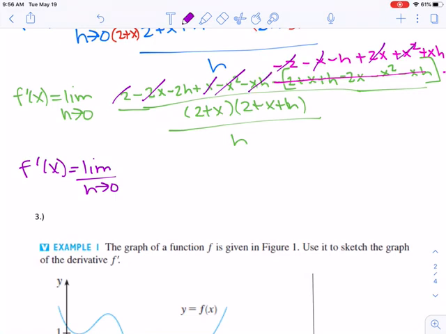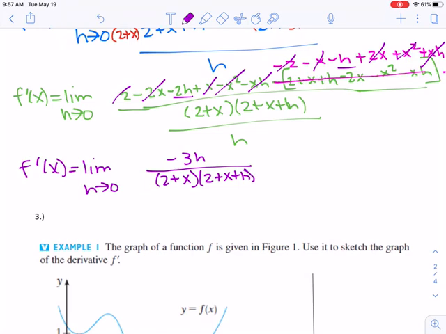My negative xh cancels with my positive xh. And I'm just left in the numerator with a negative 2h and a negative h. So that's going to give me a negative 3h over my LCD of 2 plus x times 2 plus x plus h.